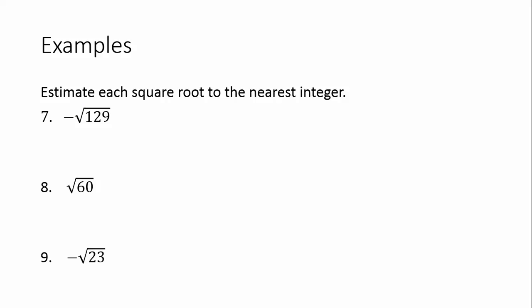So starting with number 7, we're going to draw our number line. I want to be careful here because we're looking for negative roots. So one bigger than the negative square root of 129 would be the negative square root of 121. Whoops, that negative sign should be on the outside.